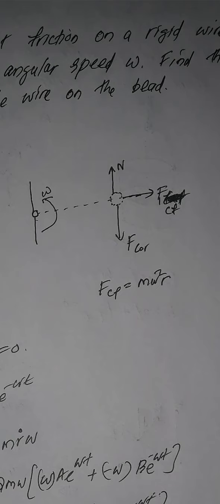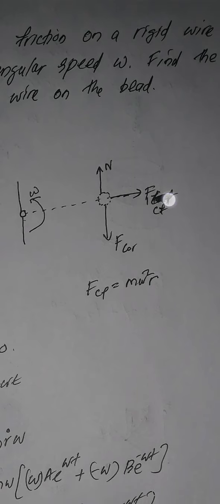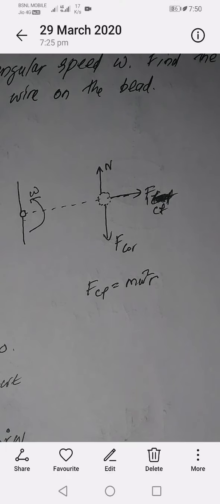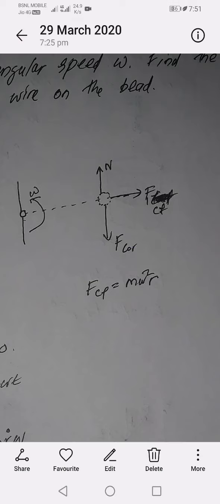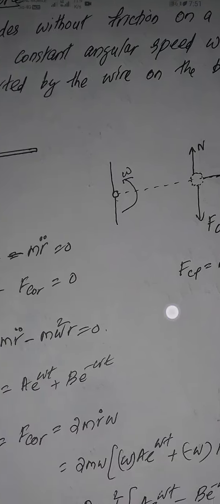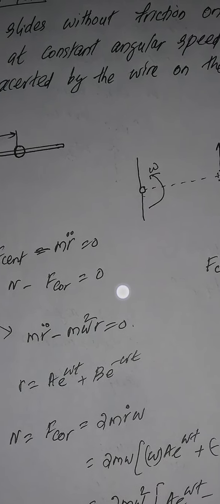The centrifugal force is also a fictitious force; it arises in the non-inertial frame. F centrifugal, and here the Coriolis force. The Coriolis force is perpendicular to omega and the radial direction, along with the normal force.